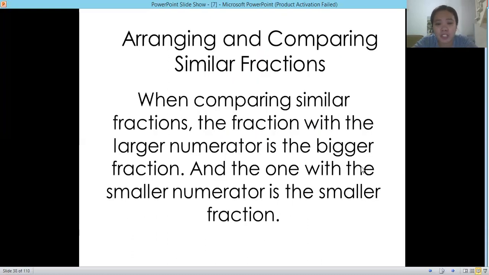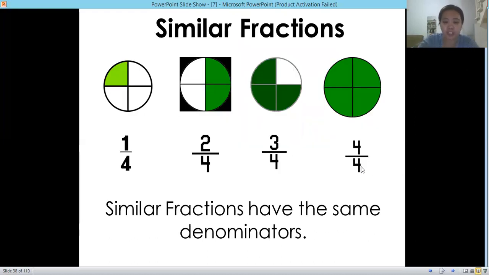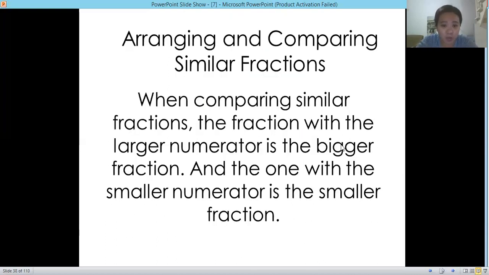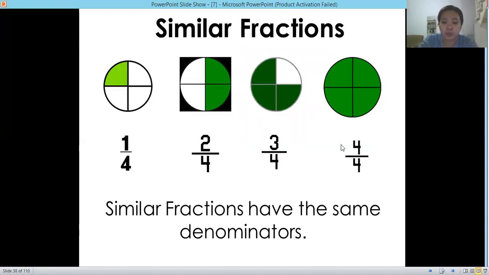So when you arrange similar fractions, the fraction with the larger numerator is the biggest one. And the one with the smaller numerator is the smallest.